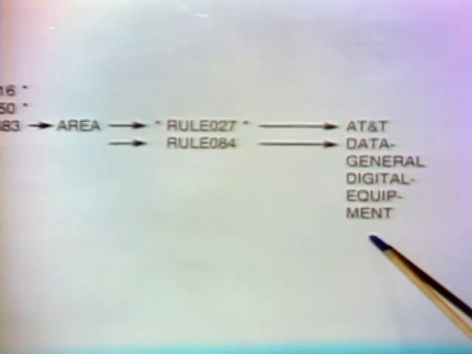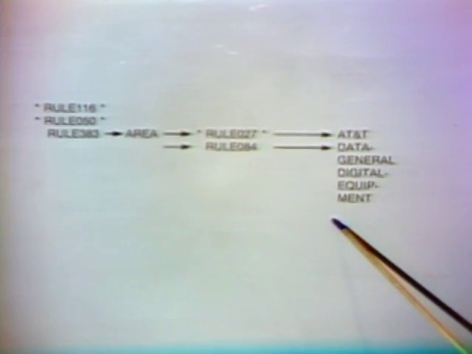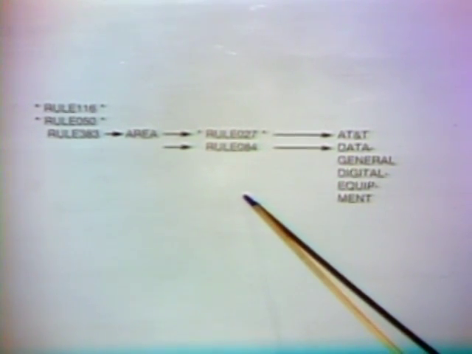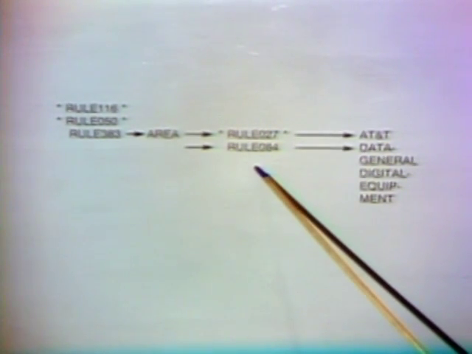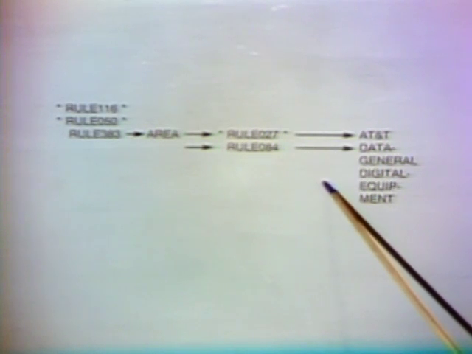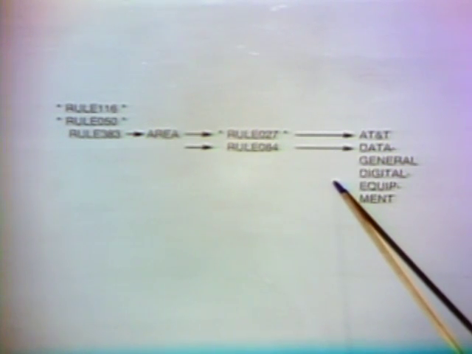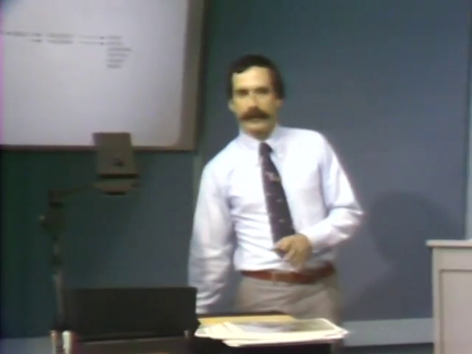Now, as I said, we get lucky here because that single new rule was able not only to fix the problem with the fact that AT&T was appearing, but was also able to offer the value for area, which triggered Rule 84, which gave us a hint about our missing values, and was able to supply those. Now, as I said, of course, we don't always get this lucky, but this is a real example.